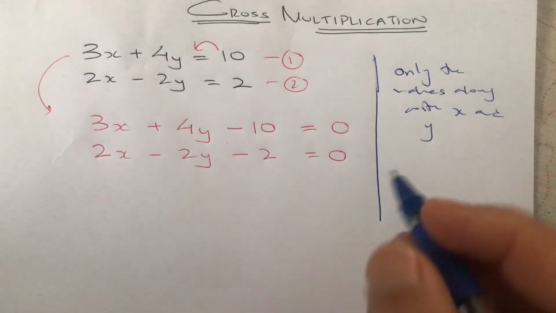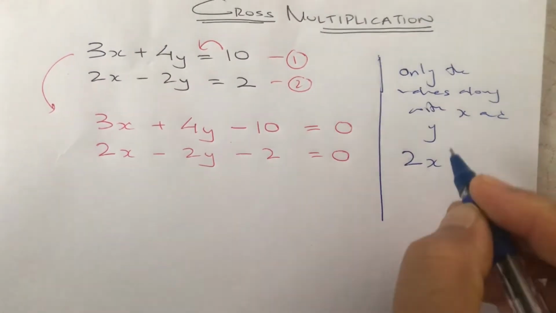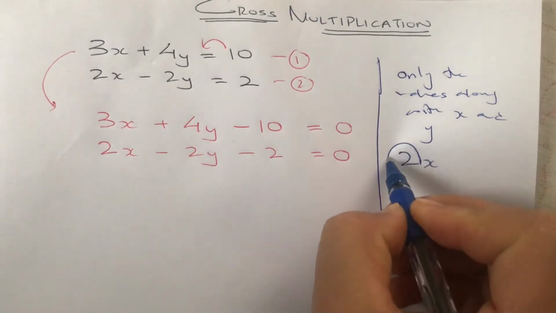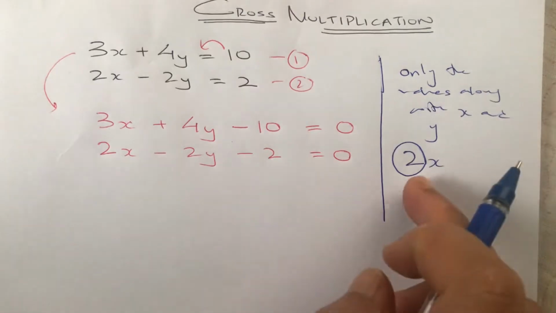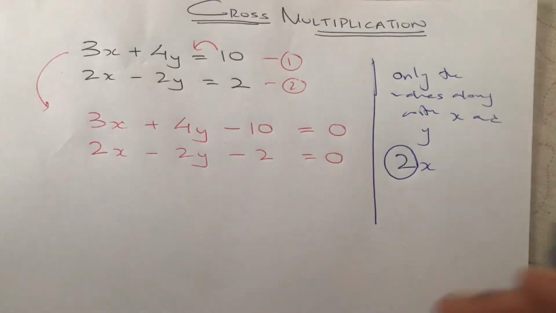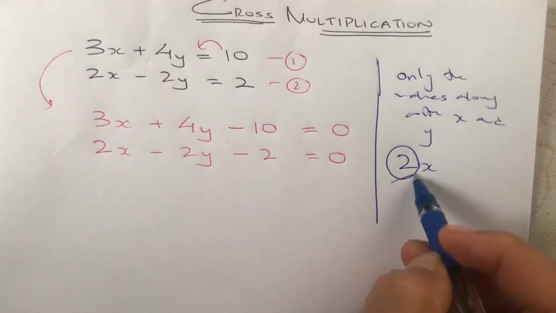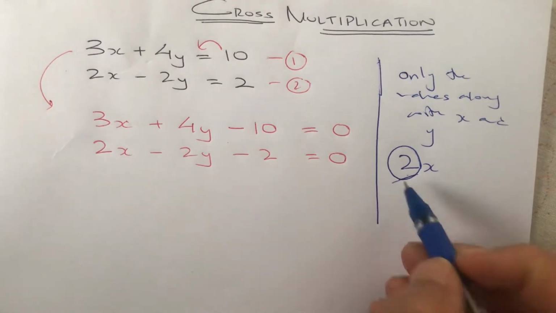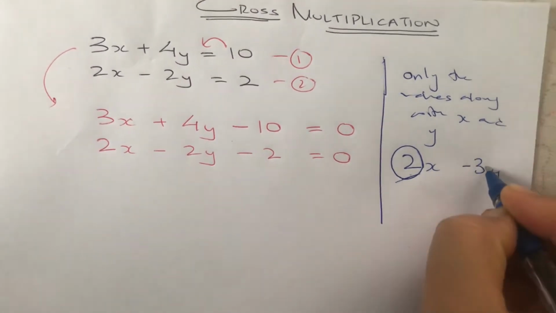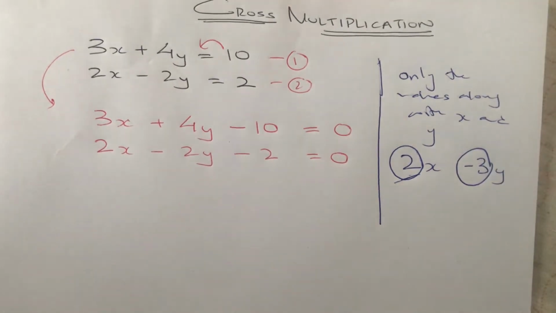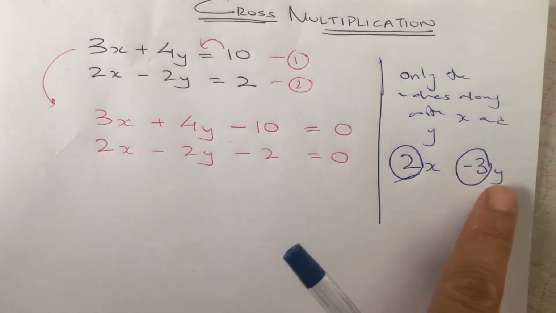If I have 2x, we'll only focus on the number along with x, that is 2, and we also take the sign into consideration. In maths we call this the coefficient of x. Like if I have minus 3y, then I'll only focus on this one, and we call it the coefficient of y.